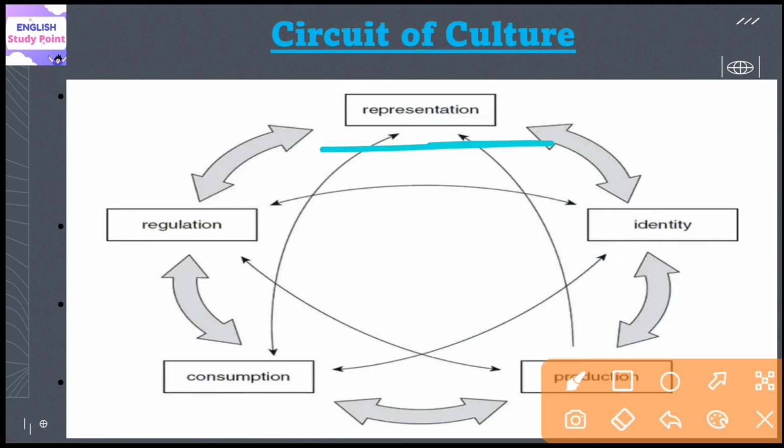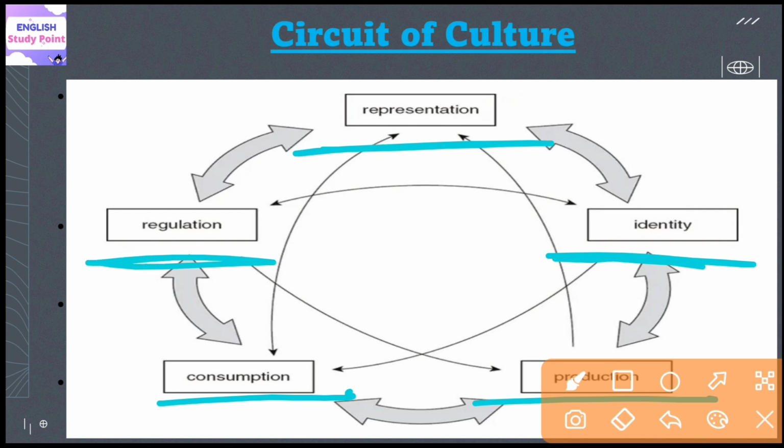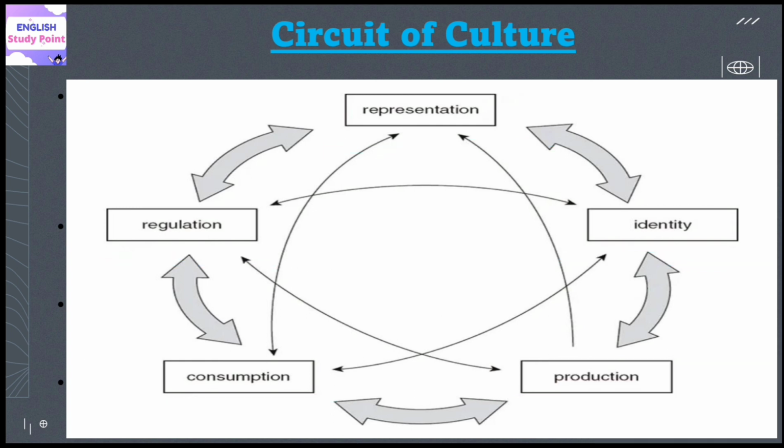First, it includes representation, then identity, then production, consumption, then regulation. So these five aspects help in understanding or generating any type of meaning in a culture. Through these aspects we understand any culture, and also these aspects are interconnected with each other.